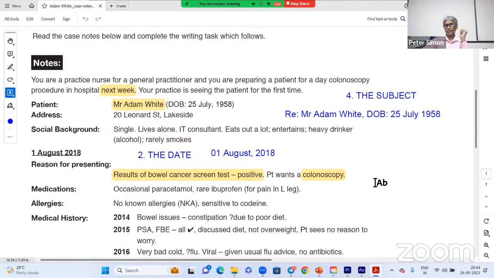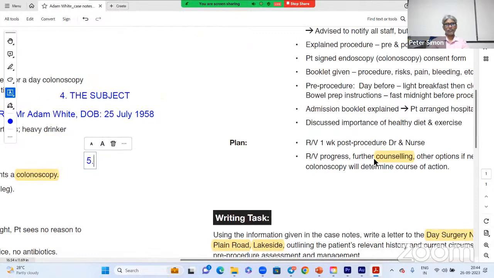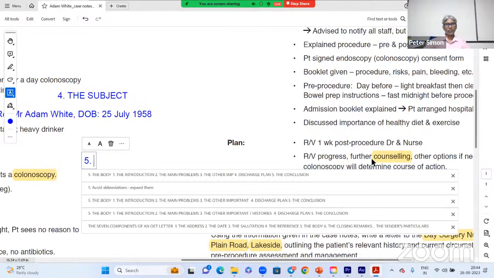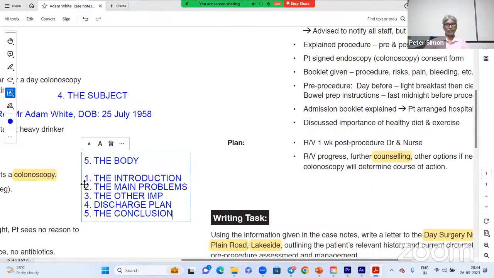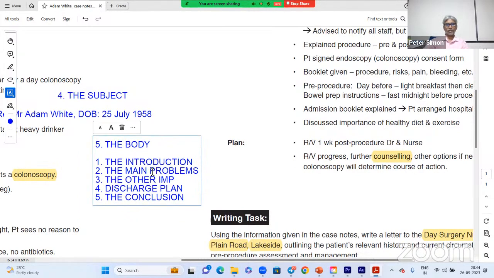The body of the letter. So next we'll write the body of the letter. The fifth one is the body. Let us suppose 5 paragraphs: the introduction and the conclusion, the main problems, the other problems, and the recommendations.